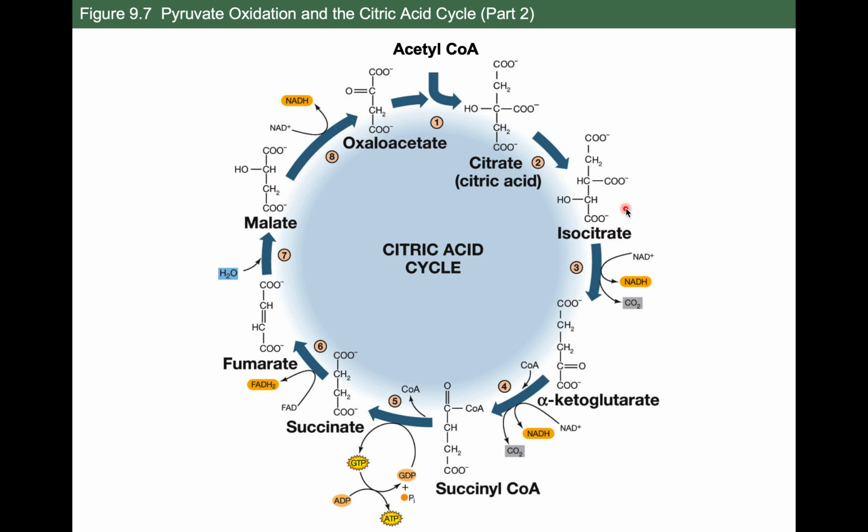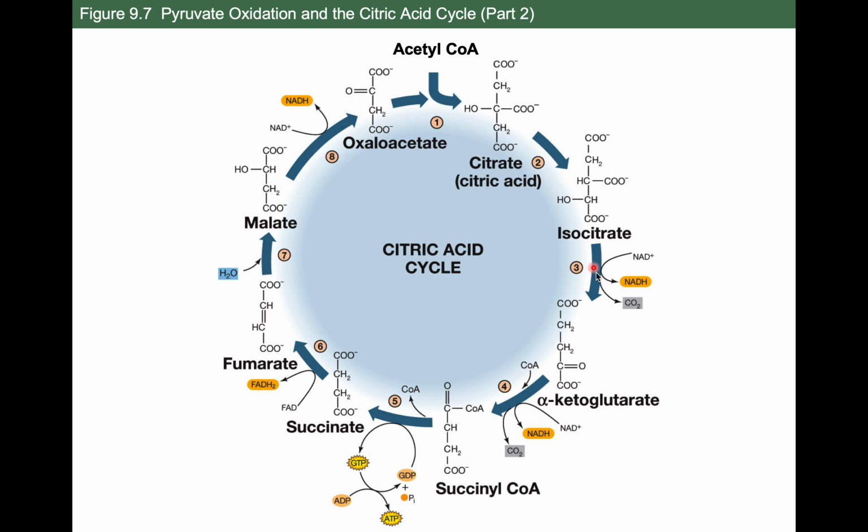And so what I want you to focus on here is, you'll see, as we go through these series of 8 reactions, there's lots of oxidation reductions going on here, right? So step 3, we're producing an NADH, right? So we're stealing electrons from isocitrate, giving them to NAD+ to make NADH, so a reduced electron carrier. So we've got one NADH being made there, another being made down here in reaction 4, another up here in reaction 8.